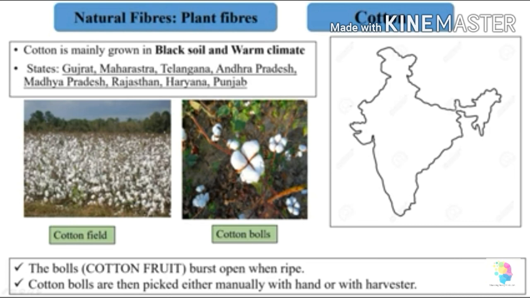This process is called ginning. I am repeating again: after picking the balls, the fibers are separated from the seeds by combing. This process is known as ginning.